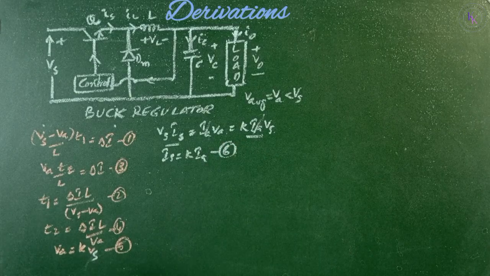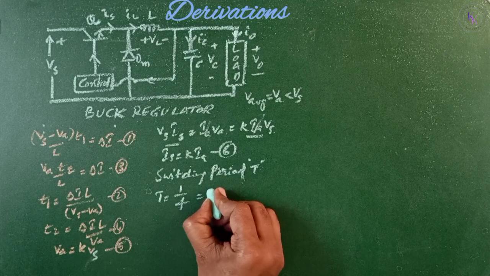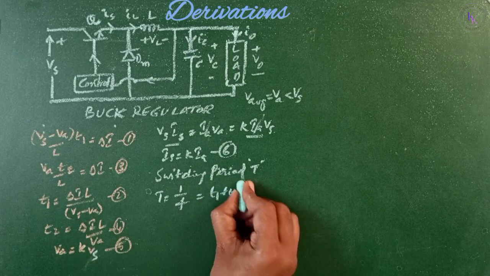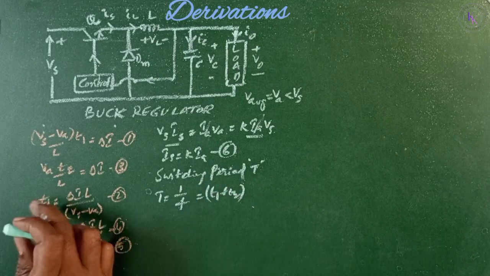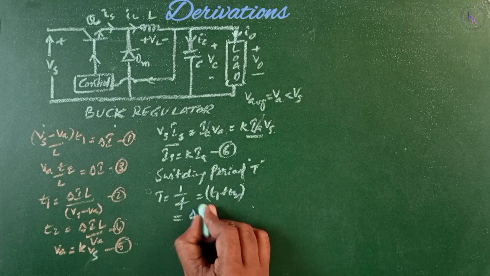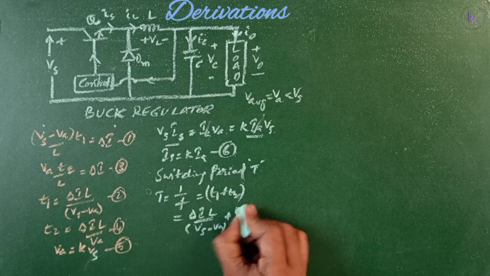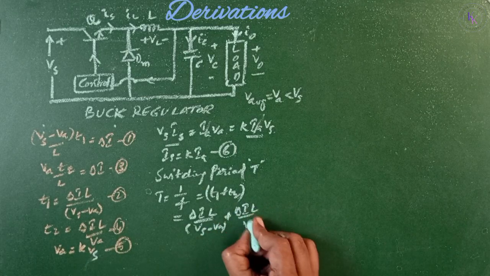Now the switching period T equals 1 by the switching frequency, that equals T1 plus T2. Now substitute these values from equation number 2 and 4. Then you will get delta I L by (Vs minus Va) plus delta I L by Va.